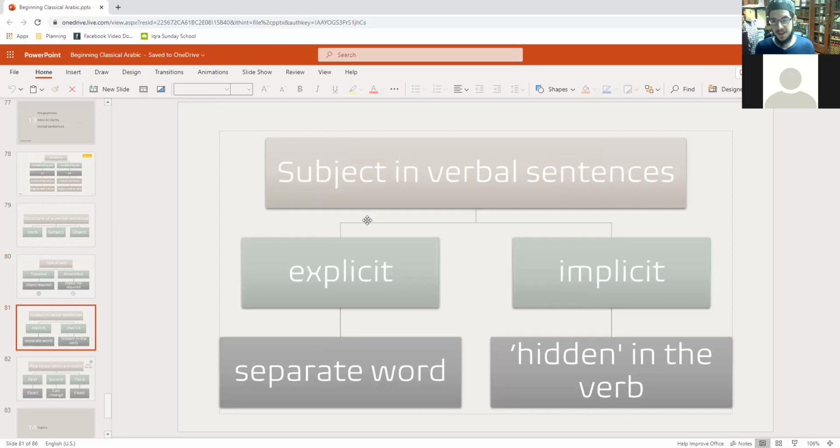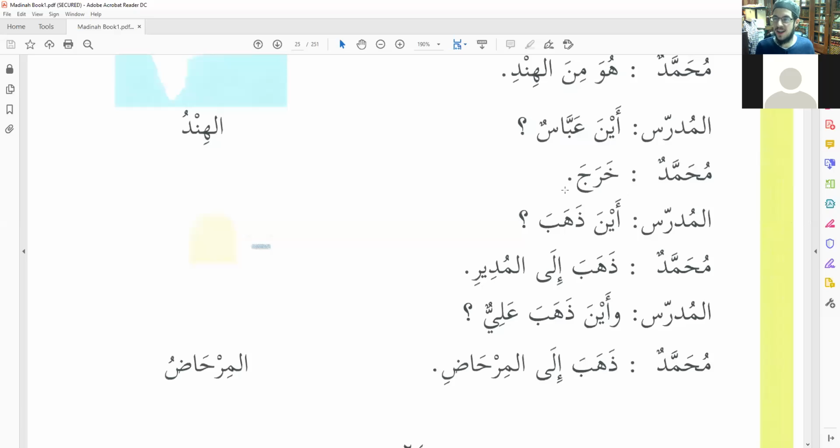Now, you could ask the question, and I would hope that you would. So why then, if in our example, let's go back to our example in the book, it said kharaja. You say, wait a second. We only have a verb here. You said, Imam, you said that the verbal sentence, the jumla fi'liya, has to have a verb and it has to have a subject. Where is the subject? There are two types of subjects.